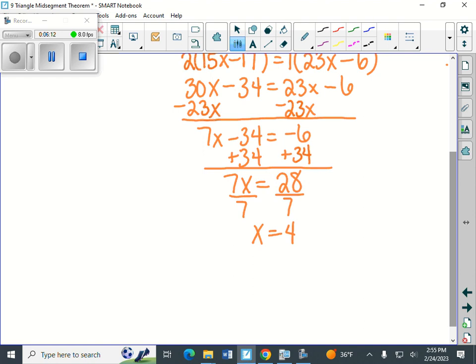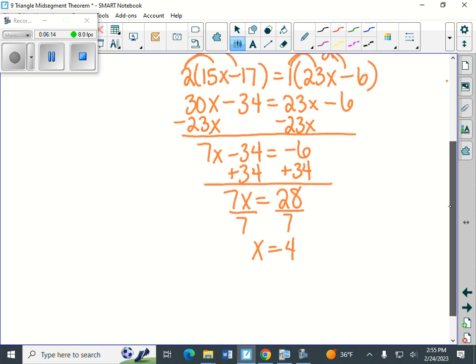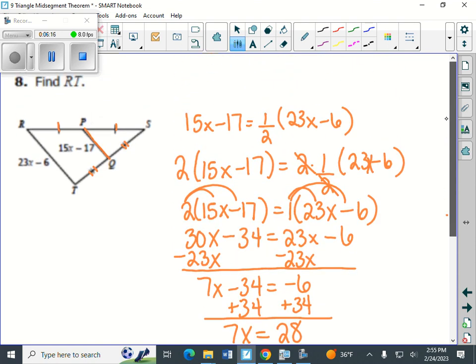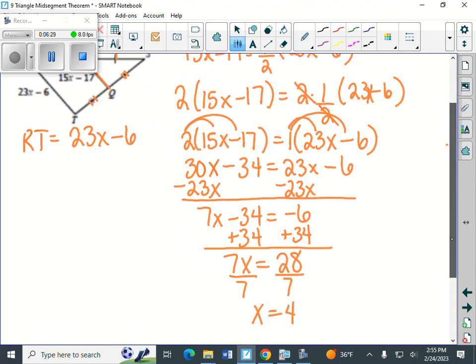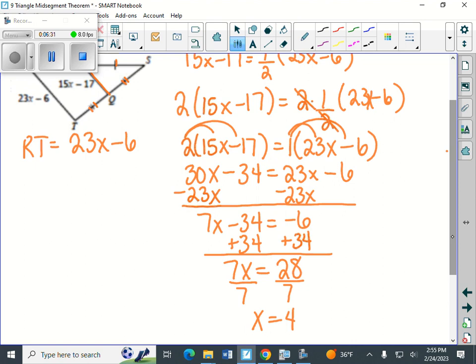And that's good and that's important. But remember what we're looking for is RT. That's what the directions say. And RT in this particular problem is 23x minus 6. So now we're going to take our value of 4 that we just found, and we're going to put that into the x. So 23 times 4 minus 6. I need to switch over to the calculator for a second. Again, use Desmos.